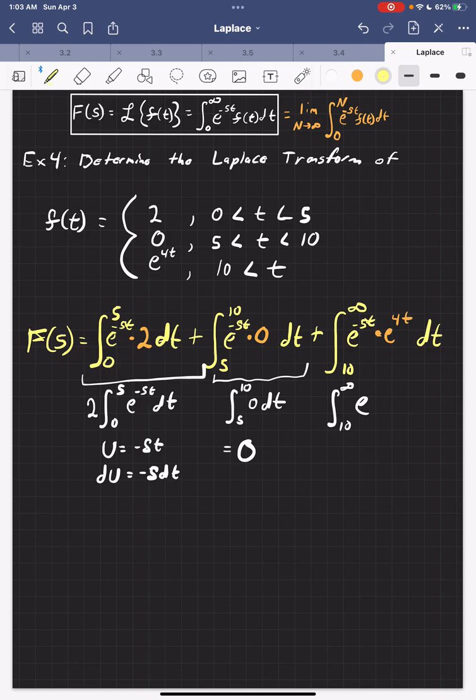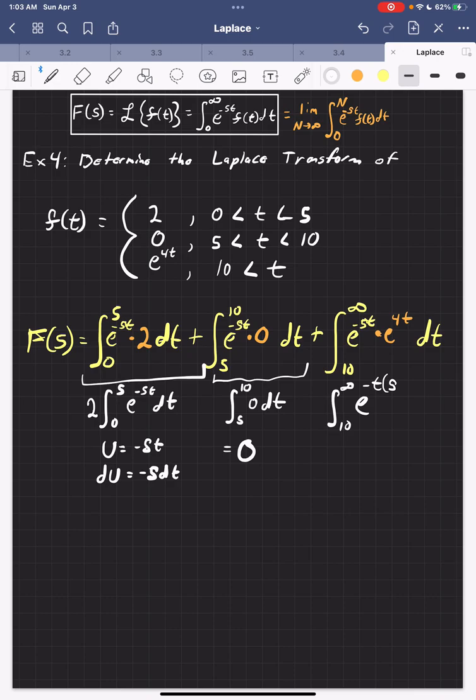All right, so yeah, this is easy. I'm going to do this in one swoop. This would just be e to the negative st plus 4t. From that, we could factor out a negative t, so that's e to the negative t multiplied by s minus 4, dt.